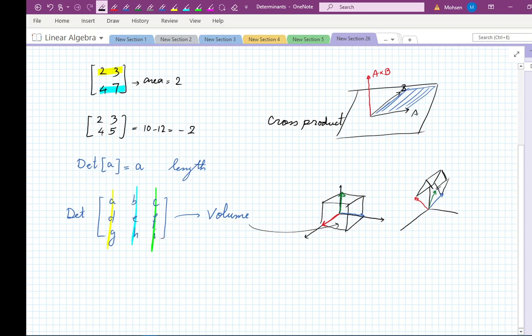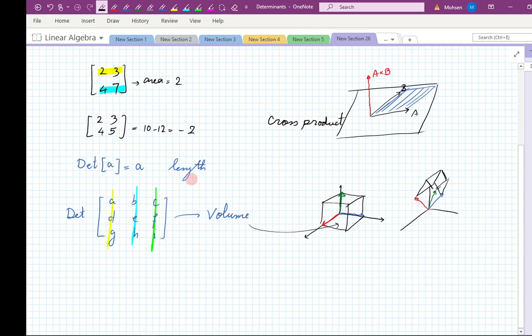Now we want to go after the formulas. Of course, when we go to 4 by 4, we can't draw much of anything, but it's still true. Whatever that four-dimensional item is, it has a measure.